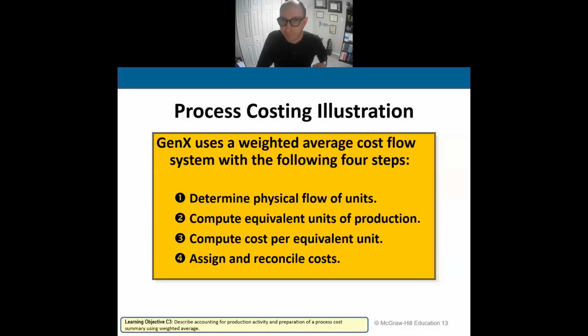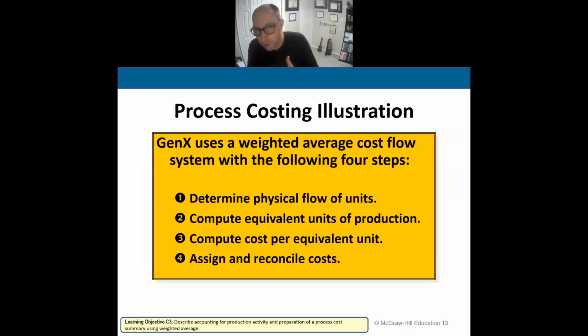At the end of each accounting period, there's going to be a certain number of equivalent units. For example, at the end of July, I'm going to have X number of units sitting in the molding department, X number of units sitting in the filling department, X number of units sitting in the packaging department, and so forth.